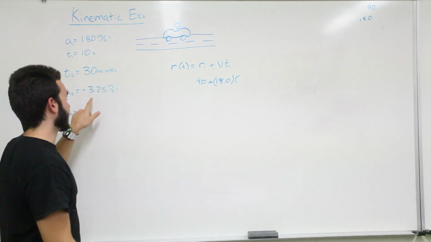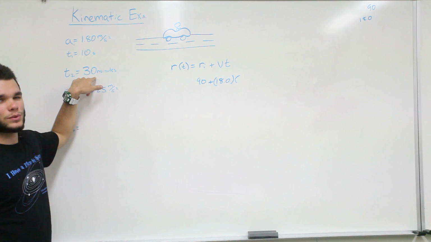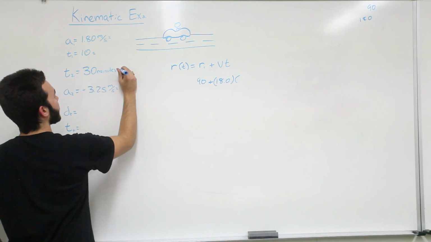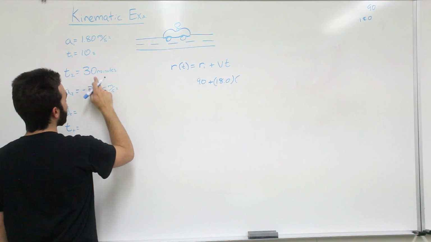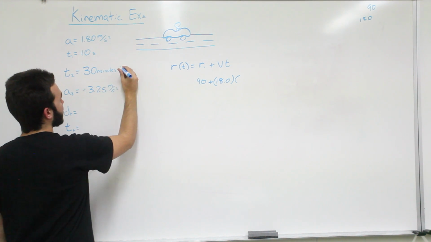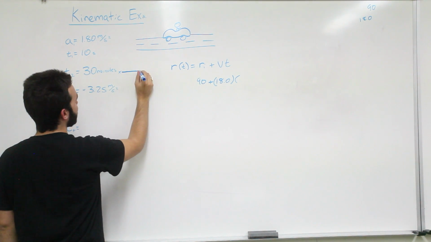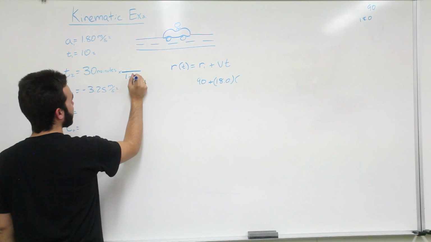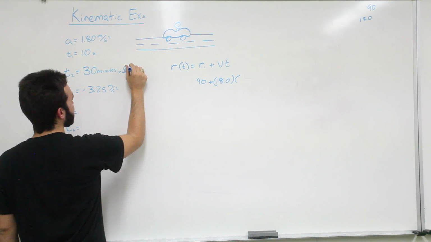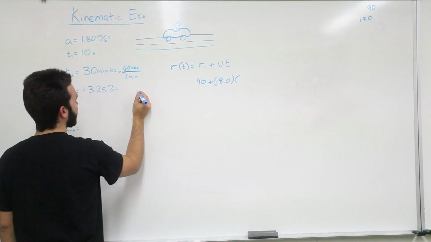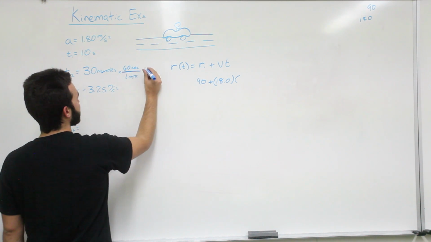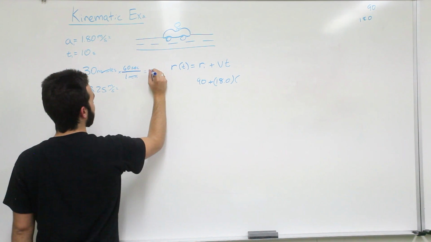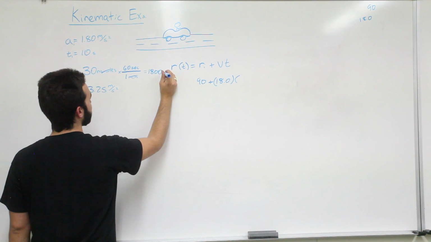times 30 minutes. In physics, we don't like minutes, so we're going to change it to seconds. We have to do dimensional analysis, where in 1 minute, there are 60 seconds. Minutes cancel out. 30 times 60 equals 1800 seconds.